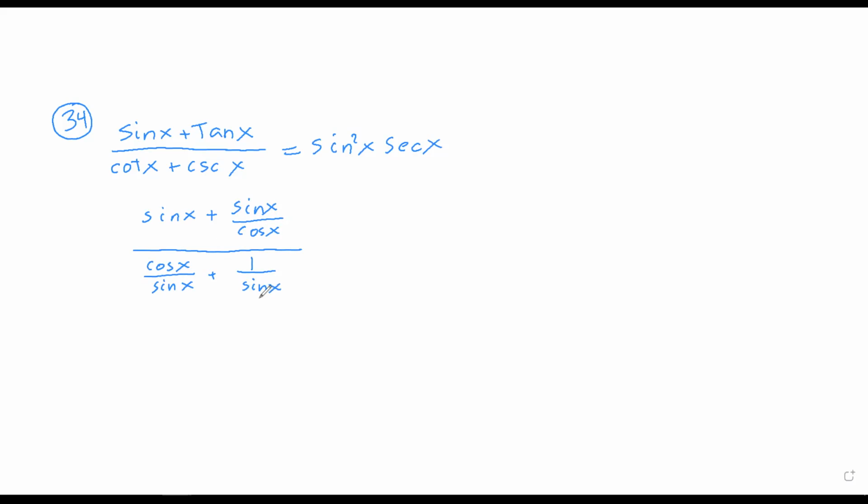Once we do that, we're going to do the common denominator thing again. So over here, the common denominator on top is going to be cosine. We're just grabbing this here as the common denominator.